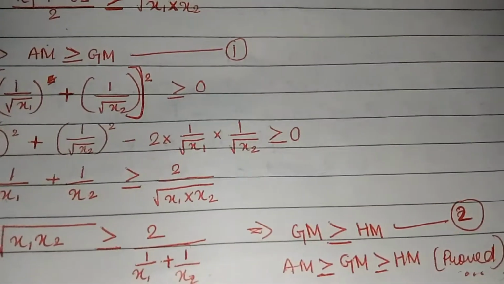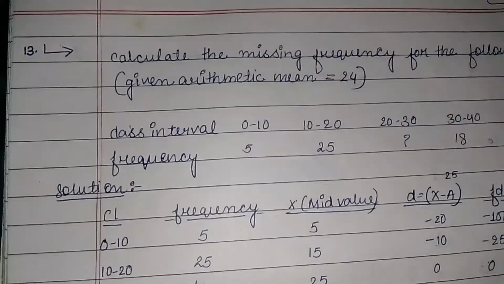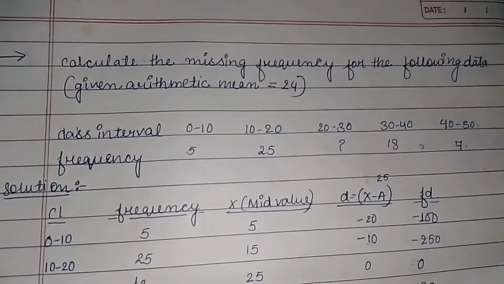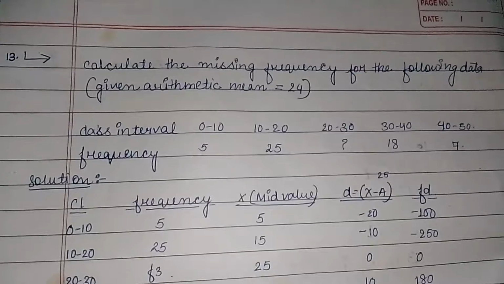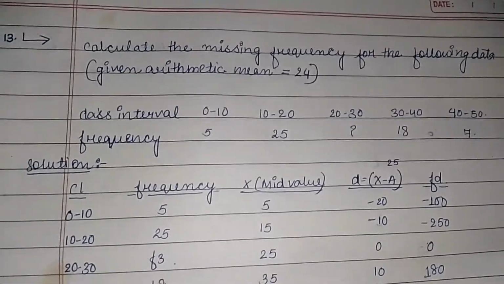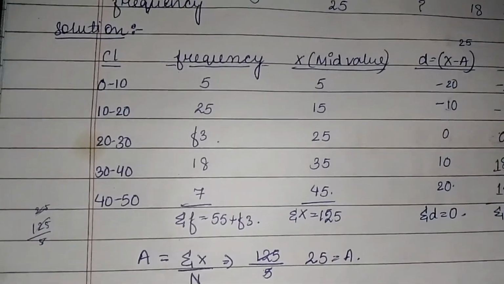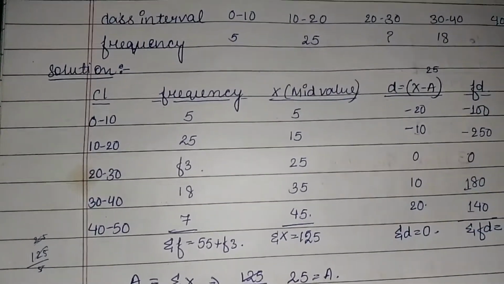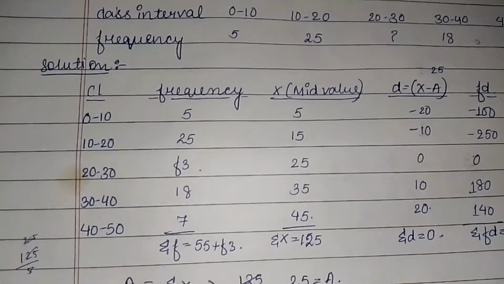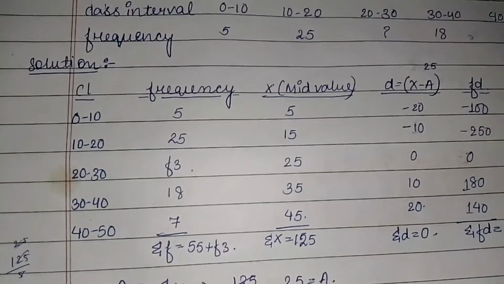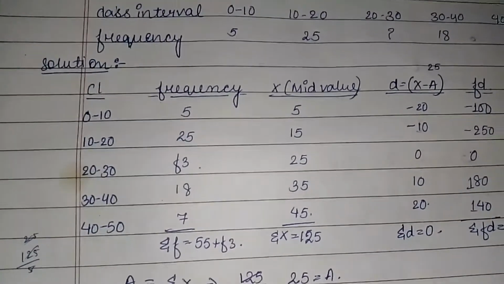Calculate the missing frequency for the following data. Given arithmetic mean equals 24. Here class interval is 0 to 10, 10 to 20, 20 to 30, 30 to 40 and 40 to 50. Frequencies are given as 5, 25, a dash which we will take as F3, then 18 and 7.